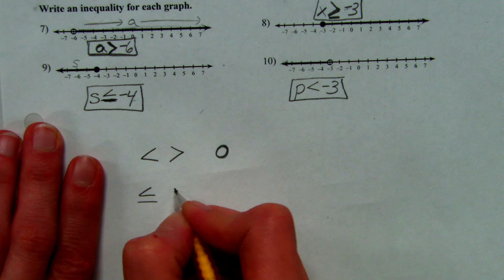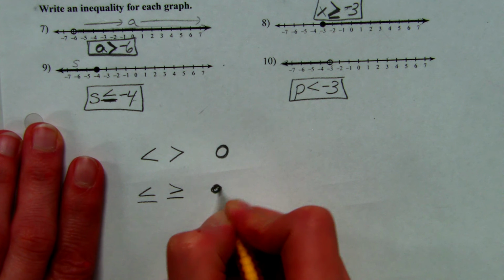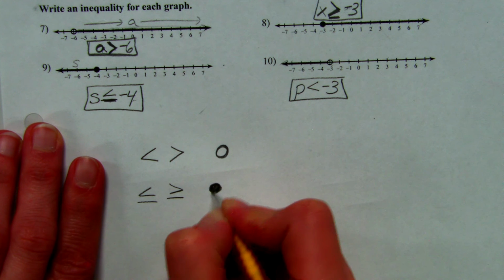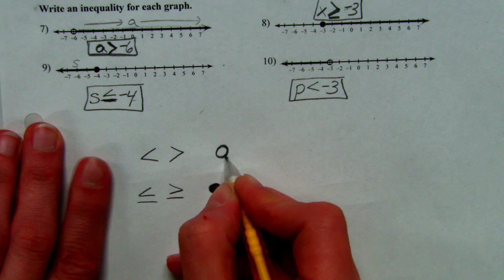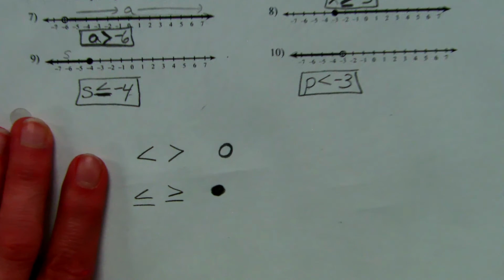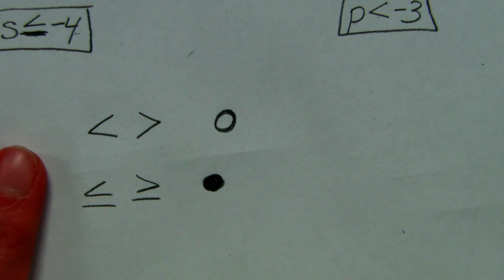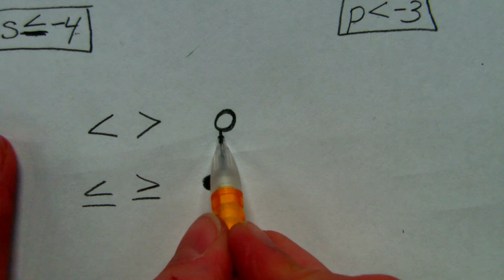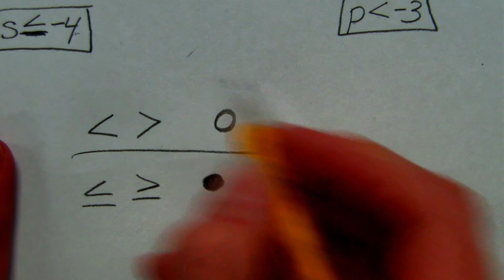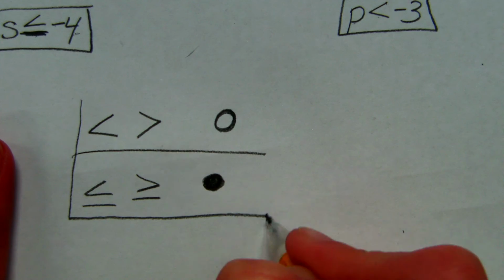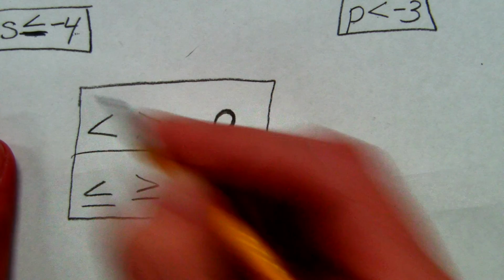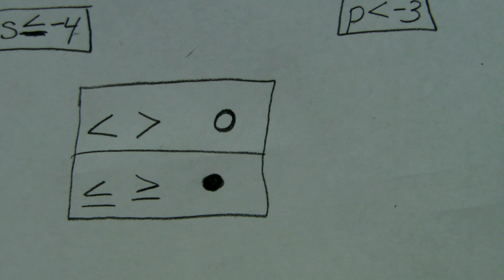Less than or equal to, greater than or equal to, you're going to have the closed circle. So this is a point, and this is sort of a non-point. It's sort of a starting place for your arrow, but we're not including the number. And so we could just make a little table out of this and show that that's how we're going to do things.